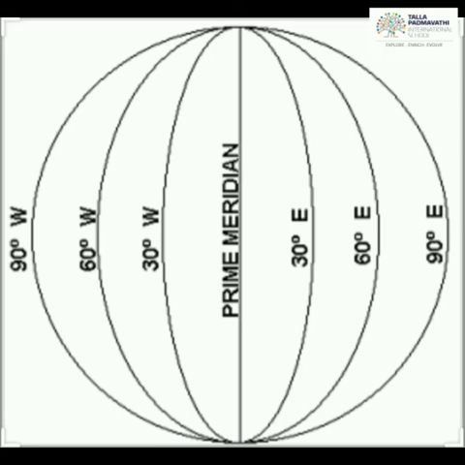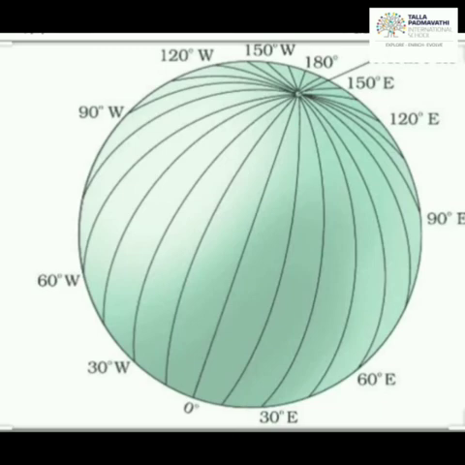Similarly, towards the western side, you can observe numbering that starts with minus degrees: minus 30 degrees, western hemisphere, minus 60 degrees, minus 90 degrees, and so on, the same as we observed in the latitudes.